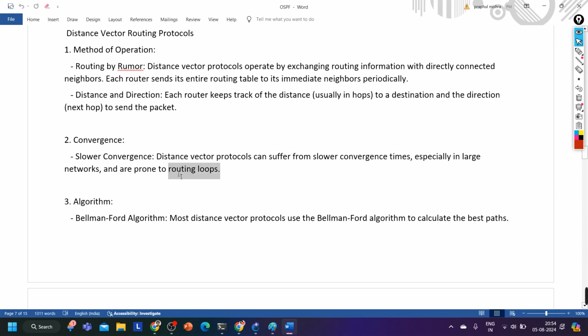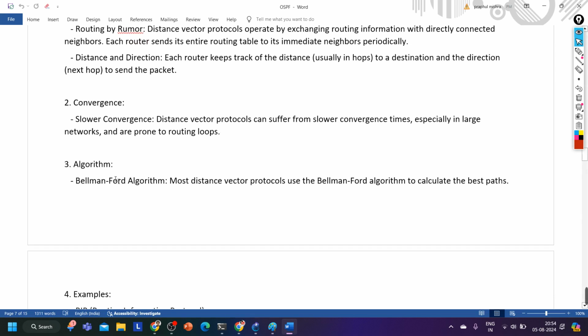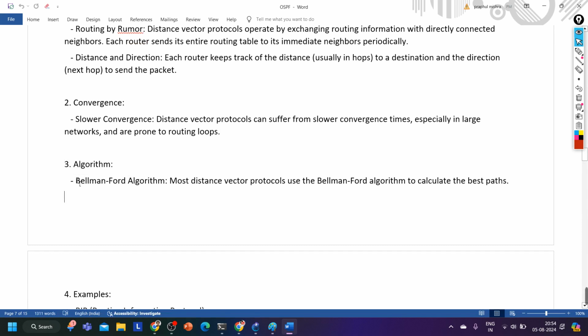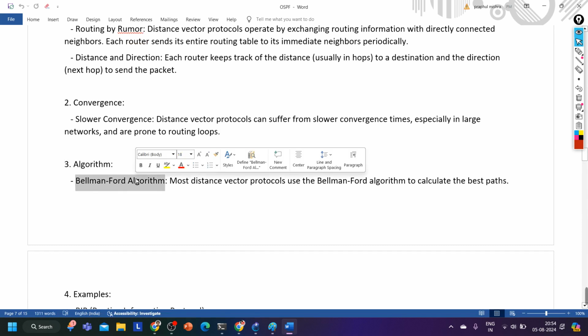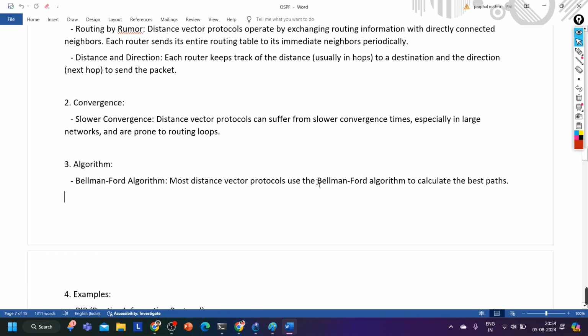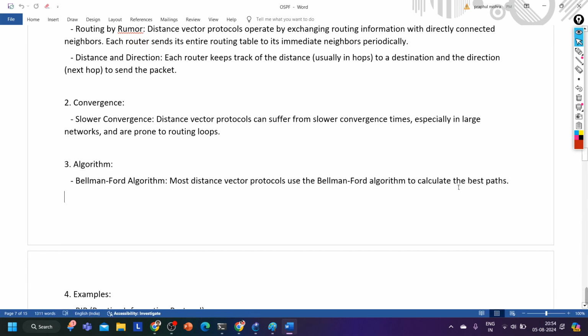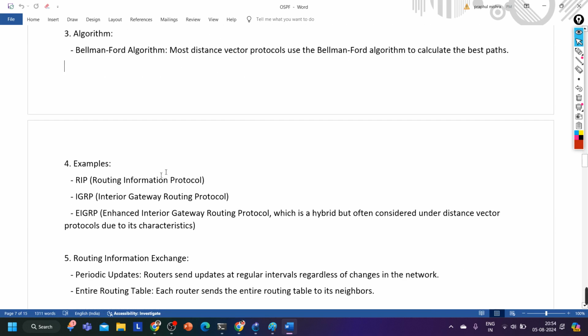And there is an issue of loops as well. That's why we have features like split horizon and route poisoning to avoid loops. If I talk about the algorithm, most distance vector routing protocols use the Bellman-Ford algorithm. DUAL is also a type of Bellman-Ford algorithm to calculate the best path.